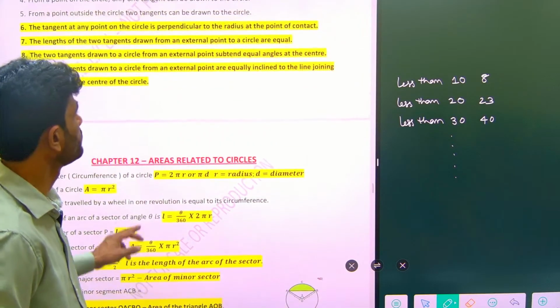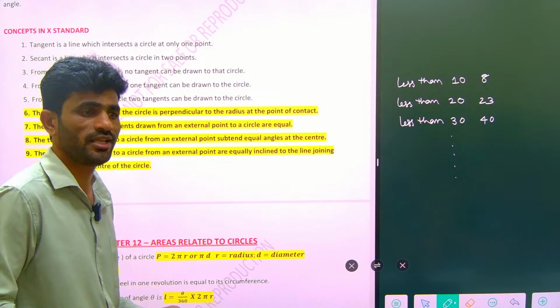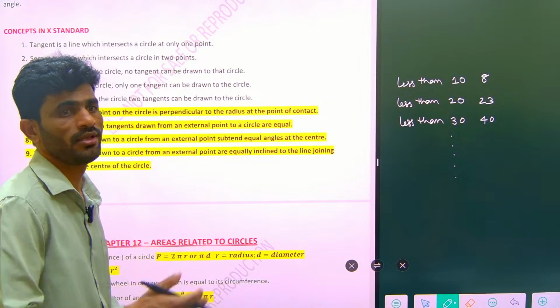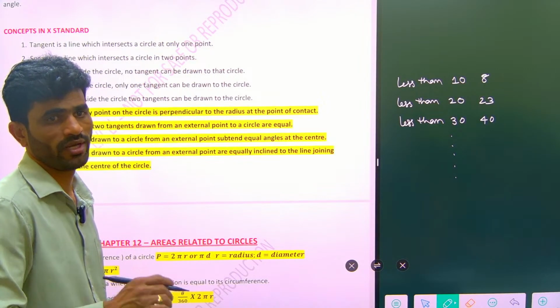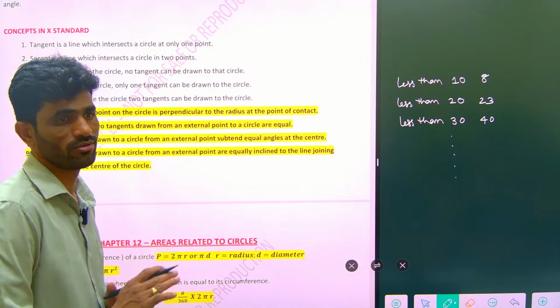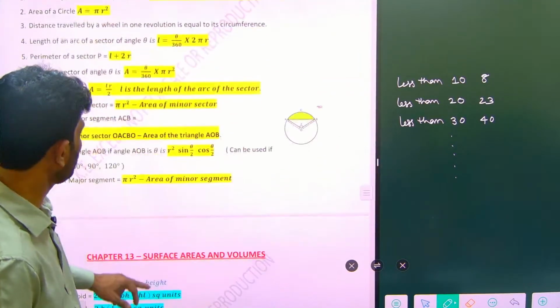Correct? Whenever time is there, again and again you have to revise this so that they will be there in the mind. In the exam it will come quickly. When the time comes, immediately your brain will give what is the correct formula you have to follow. So I want to ask you now, do you remember all this? Yes, sir.